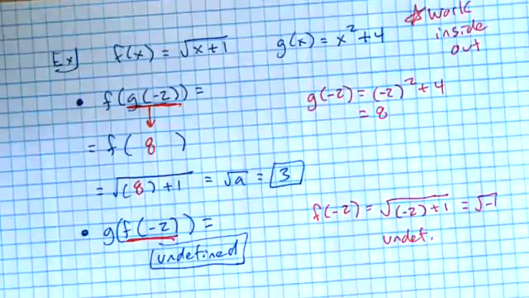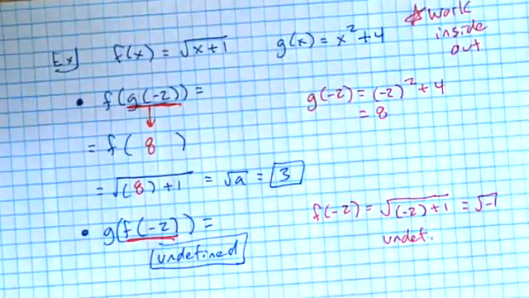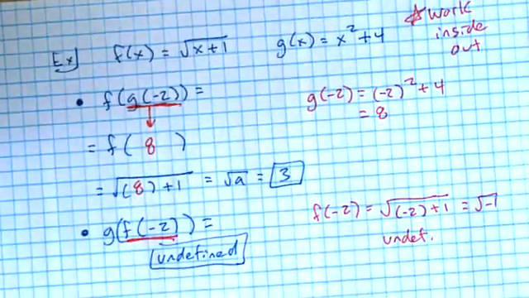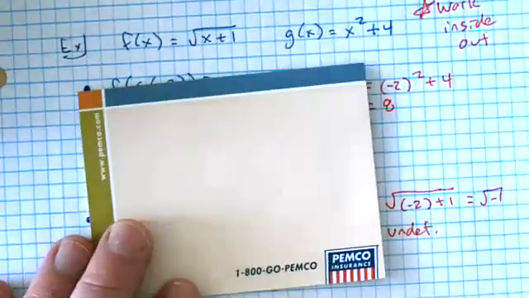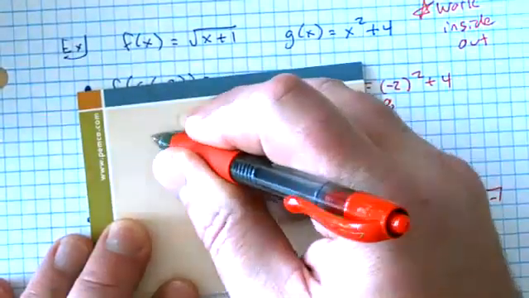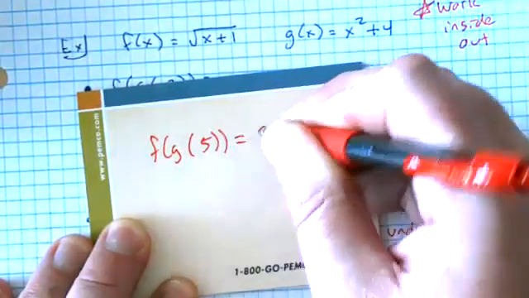The answer ends up being 3. I think that's a coincidence. The question was, hey guys, this is a really good question, don't miss this. If I gave you another function, let's say you did f of g of 5 and you got the answer 8.